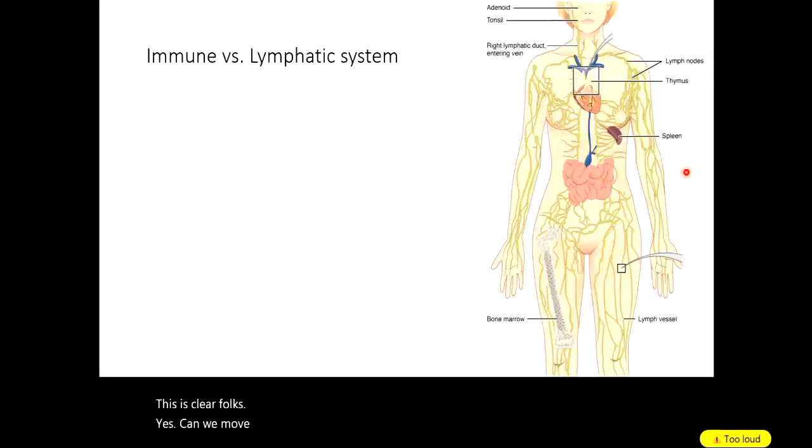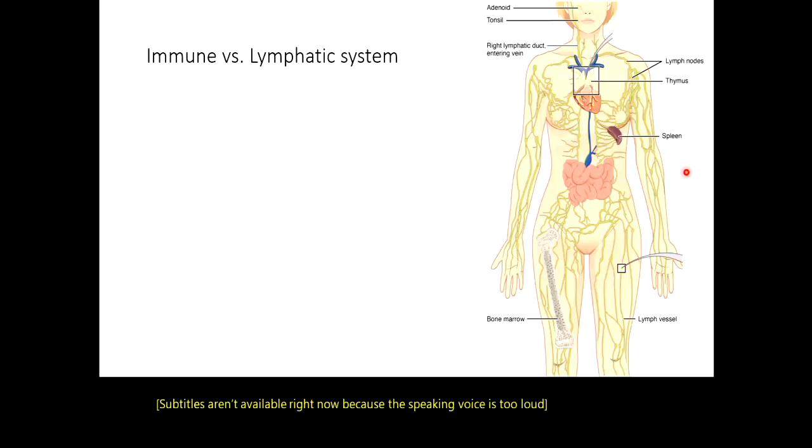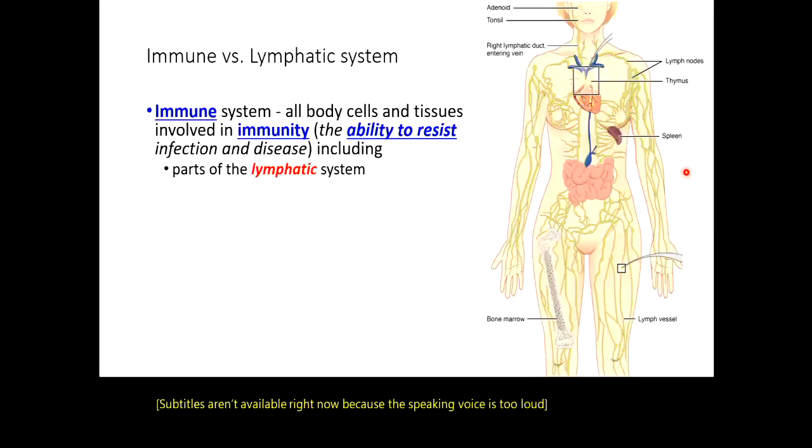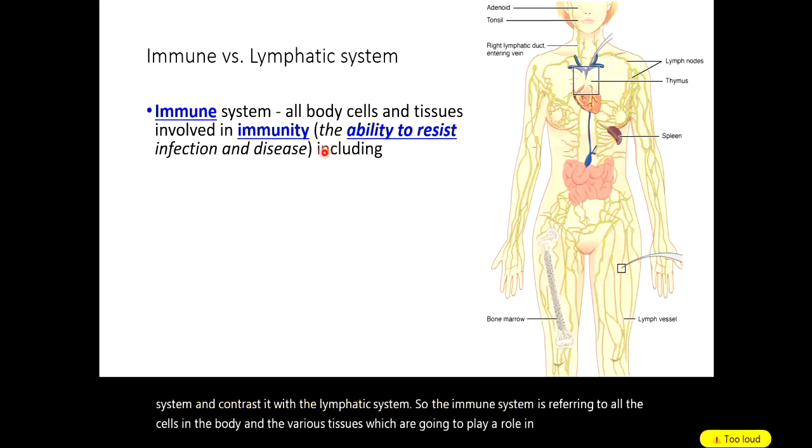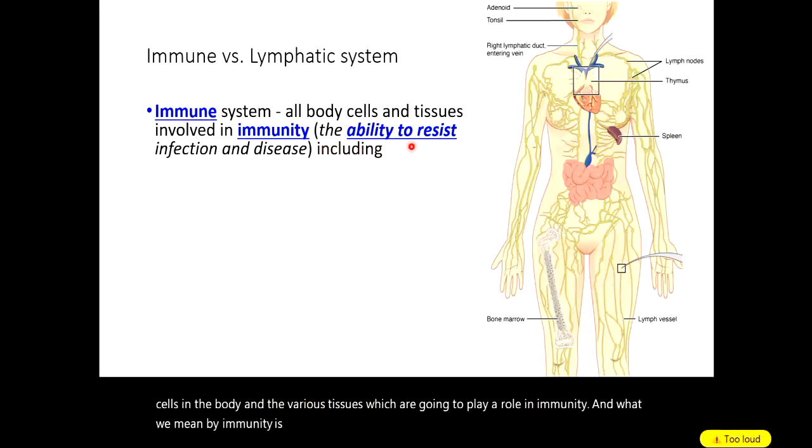So now we're going to switch gears and talk about the immune system and contrast it with the lymphatic system. So the immune system is referring to all the cells in the body and the various tissues which are going to play a role in immunity. And what we mean by immunity is the ability to resist infections and certain diseases.